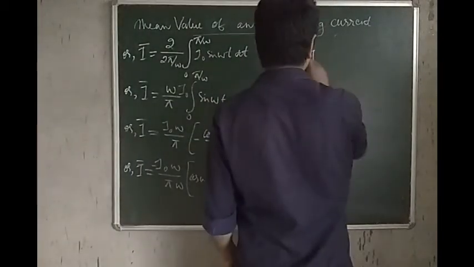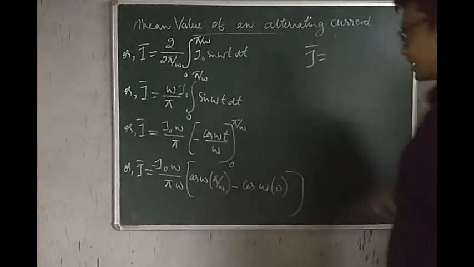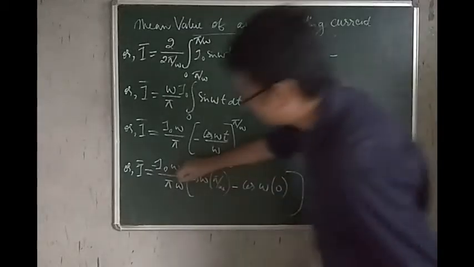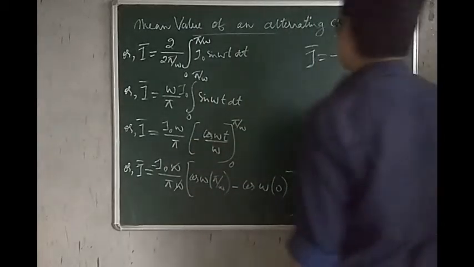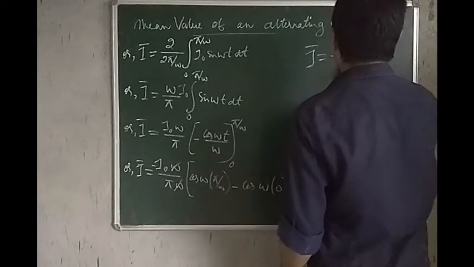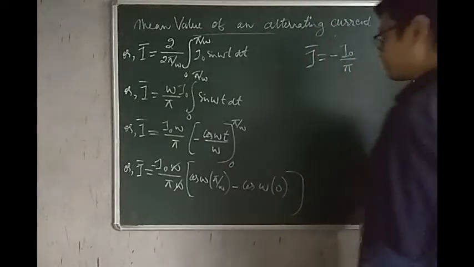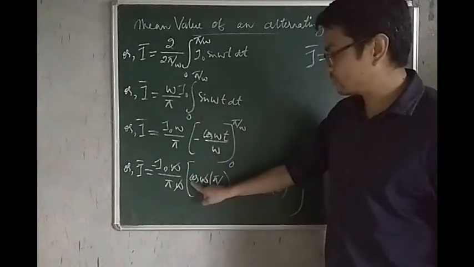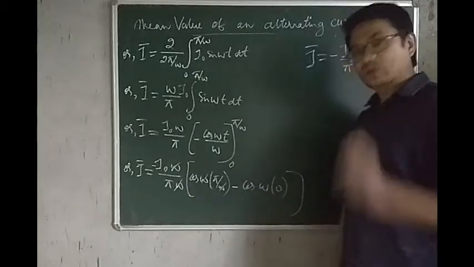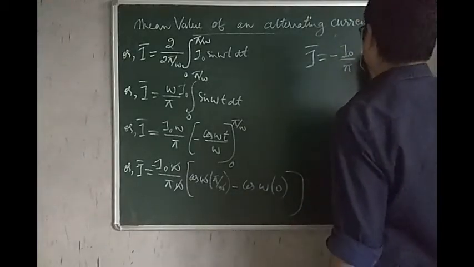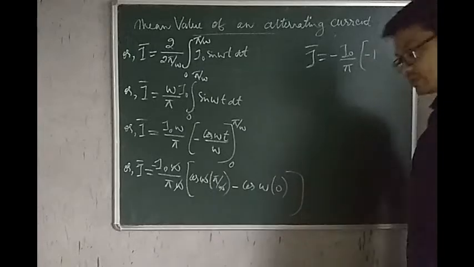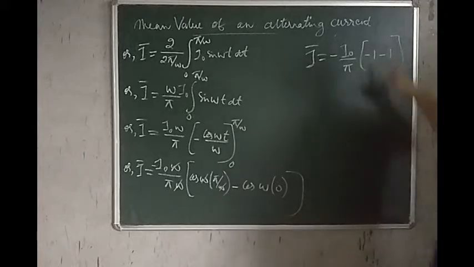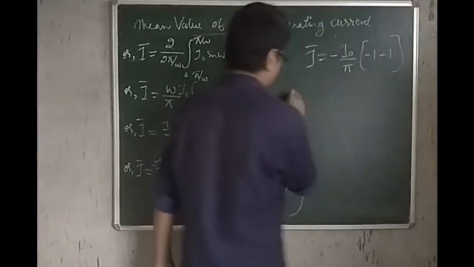So the mean value of the current is equal to minus I naught by pi. This omega and this omega divide each other out, so we have cos pi. Cos pi is minus 1, and minus of cos 0 is again minus 1. So we have minus 2 inside the bracket.